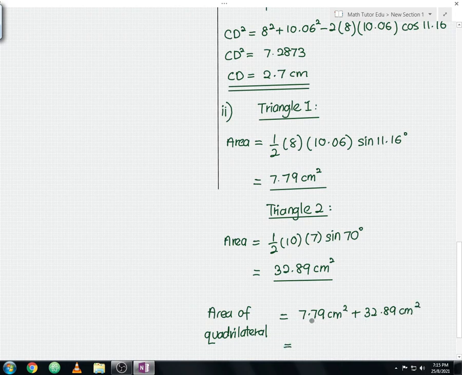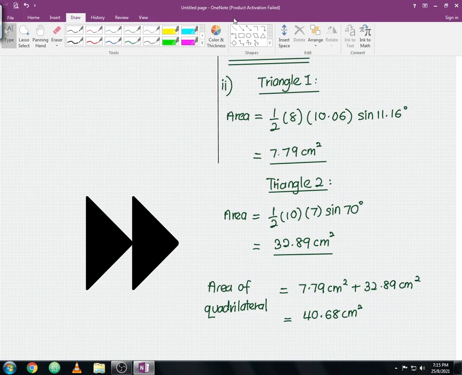Okay, you add these two areas, so from here you should get your final answer is 40.68 centimeter square. Okay, so let me underline the solution for the question C part 2.